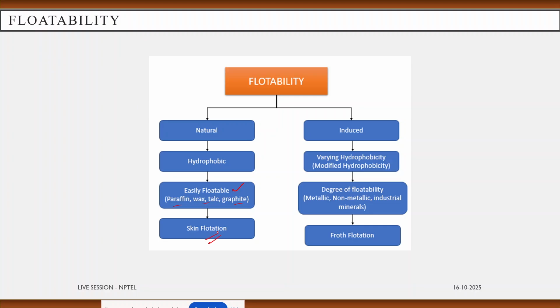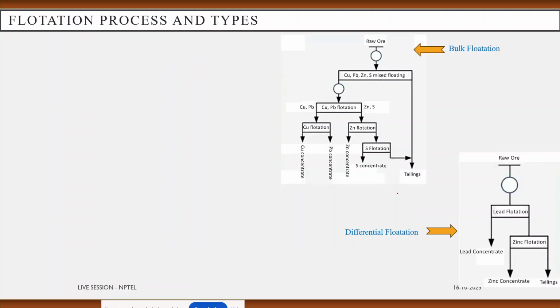So these will be collected by the flotation process. Whereas in induced flotation, the particles have varying hydrophobicity, and might not have that range of hydrophobicity, but it can be modified with some chemical treatment. And the degree of floatability also depends on the type of minerals that you are handling, and those can be collected by the froth flotation process.